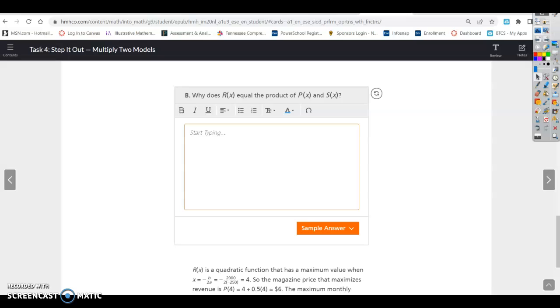All right, so it says, why does R of x equal the product of P of x and S of x? Revenue is always what you make from selling something. You make money if the cost of making that is less than the cost you sell it for.